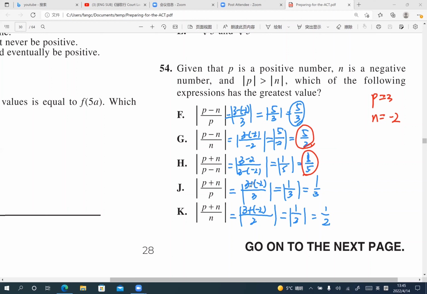The fourth one, 3 plus -2 divided by 3, we get 1/3. And the last one, 3 plus -2 divided by -2, is the absolute value of 1 divided by -2, which is 1/2. So option A is the greatest value.